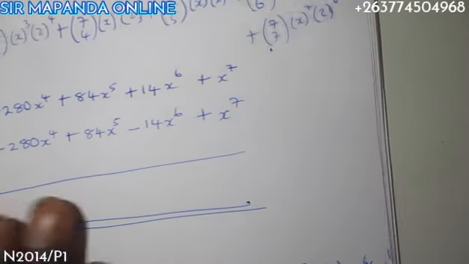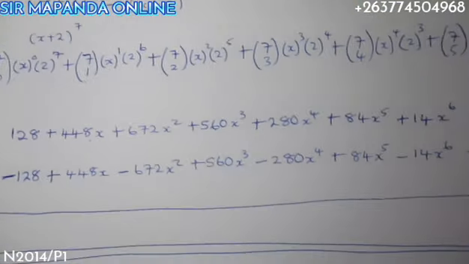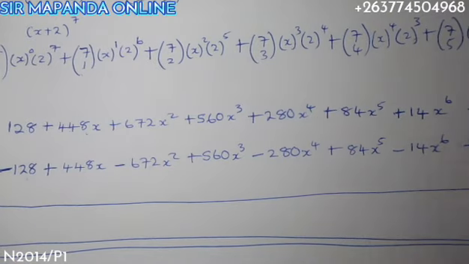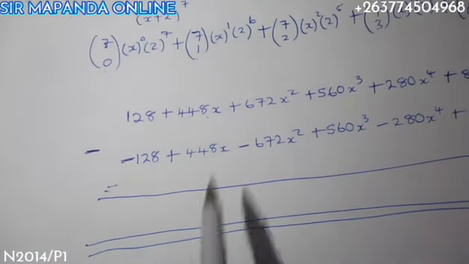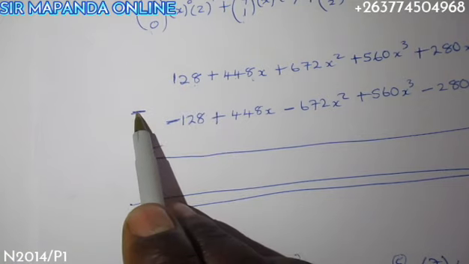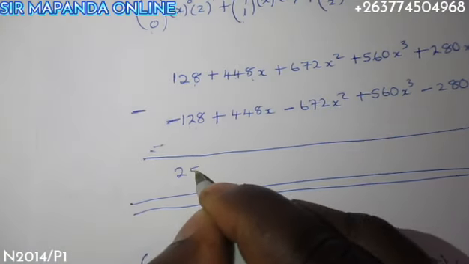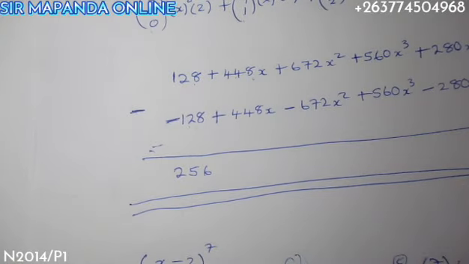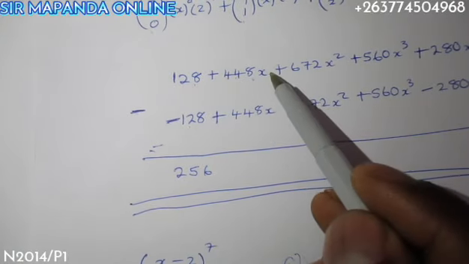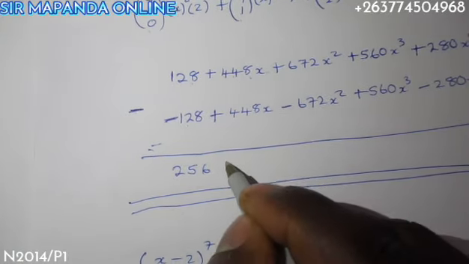Something like this, right? So since we are subtracting the two, we are now deducting like terms. So 128 minus negative 128 is as good as 128 plus 128. You get 256. This is your first term. Then 448x minus 448x, you get 0.